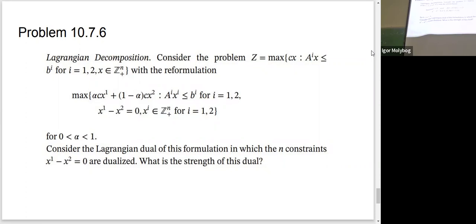We can take the optimal value for each problem and substitute these two values, and our eventual value is going to be exactly the same as the sum of these two.